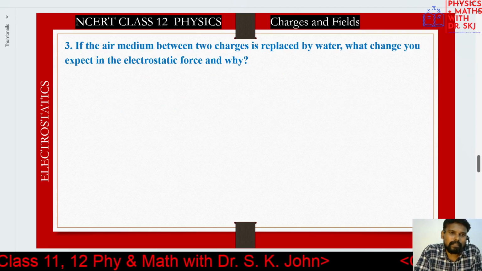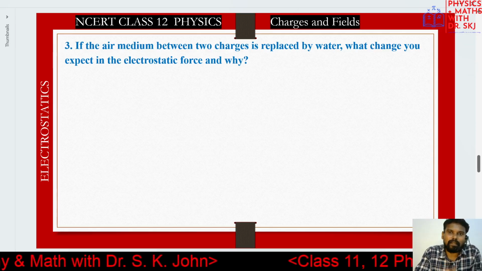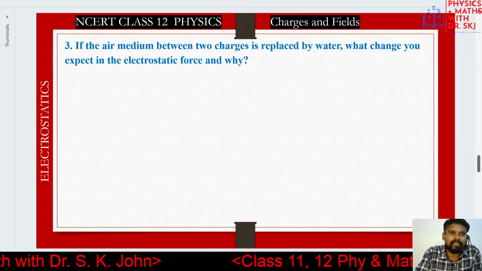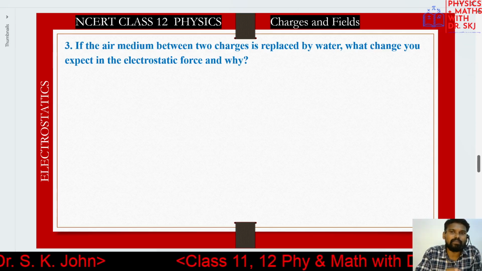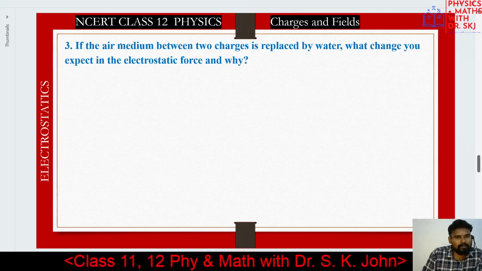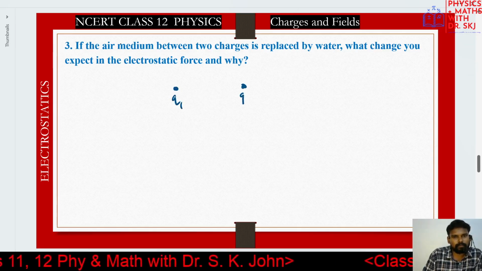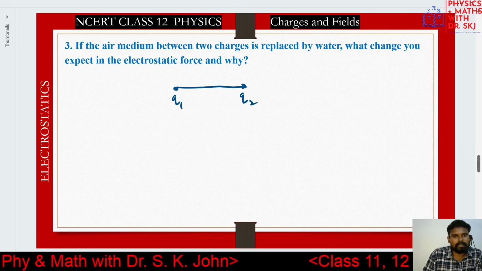Okay, read this question. If the air medium between the two charges is replaced by water, what change do you expect in the electrostatic force and why? So here there's a medium air between two charges, Q1 and Q2, which are separated by a distance r.